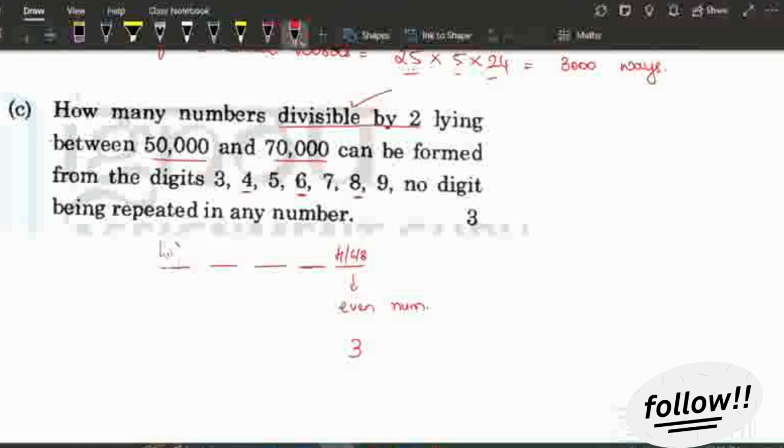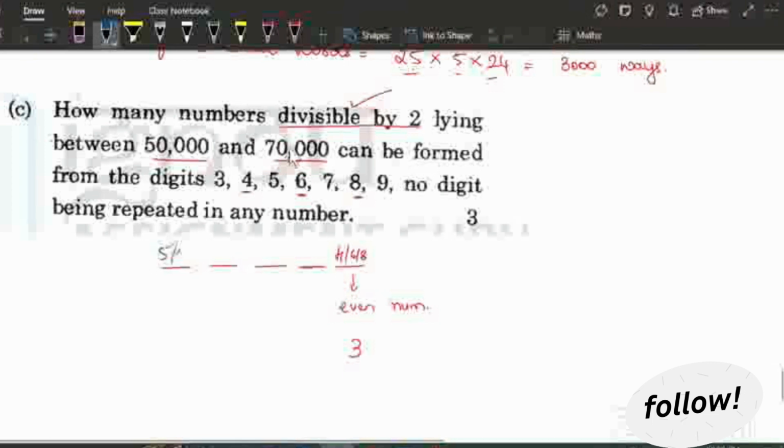Therefore, the first digit cannot be 3, because then the number will be 30,000 plus. It cannot be 4, then it will be 40,000 plus. So only 5 and 6 are possible here.